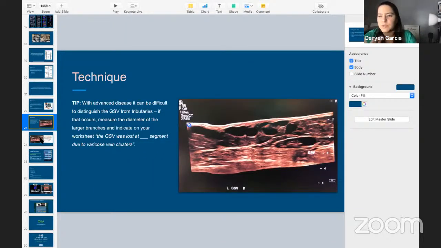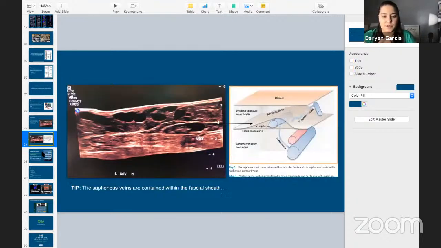And if they want to use the GSV for anything related to the heart, for a bypass, and you're doing a vein mapping, and the patient has these kinds of issues, you want to make sure that you're measuring the right vessel, not giving them false information so they think the vessel is good for usage when it really isn't, okay? So make sure that you're keeping that in mind.